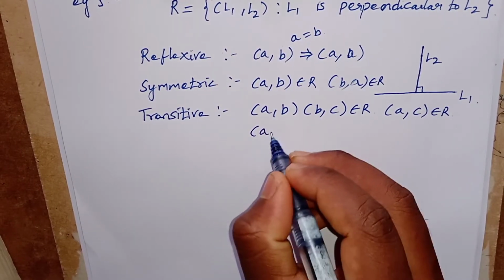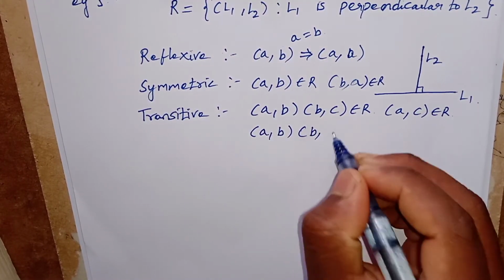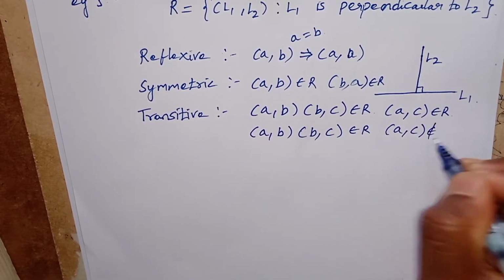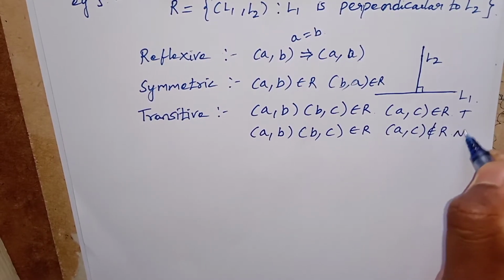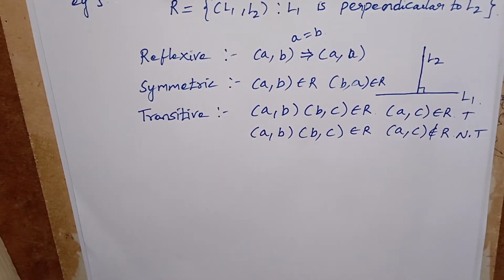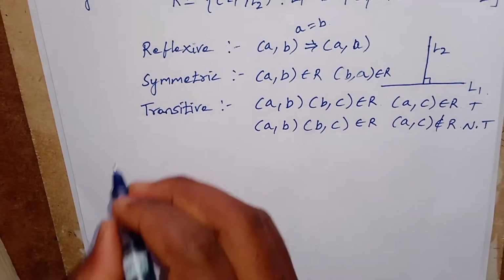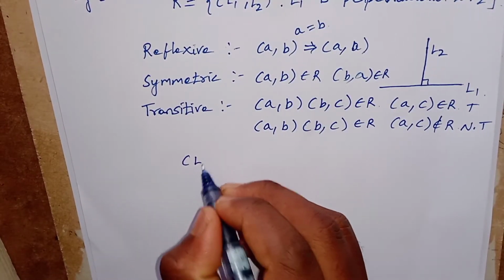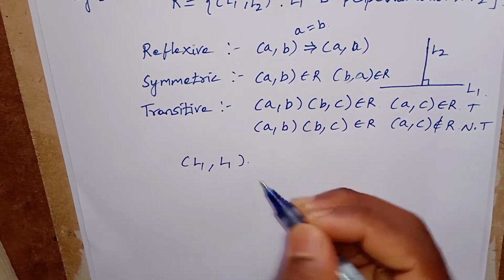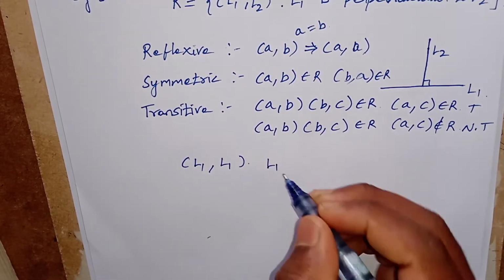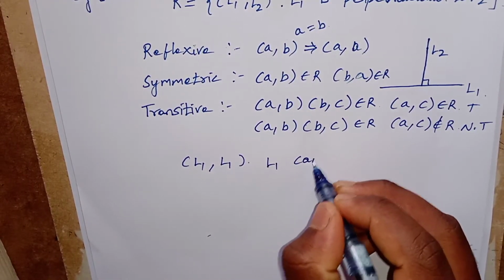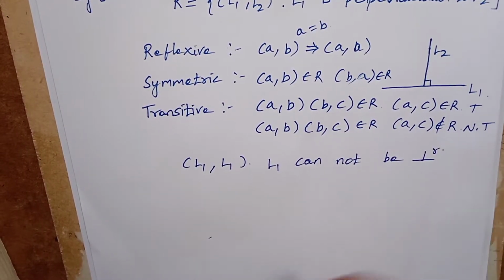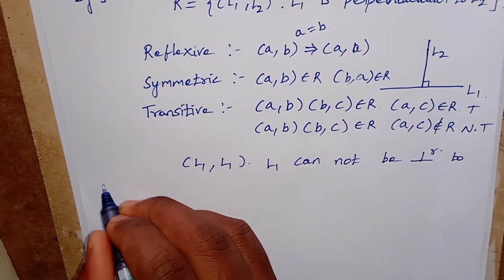Suppose (a, b) and (b, c) belong to R, but (a, c) does not belong to R. Therefore it is not transitive. For reflexive, I am taking (L1, L1), but L1 cannot be perpendicular to itself.